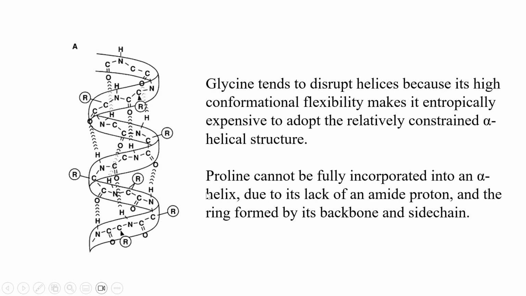In case of proline, it's very easy to understand that proline's amino group is not free. If you remember the structure of proline, the nitrogen is involved in bond formation with the R group. So it is not a free amino group, and if the nitrogen is not free, it can't make hydrogen bonds, and thus it acts as a helix breaker.